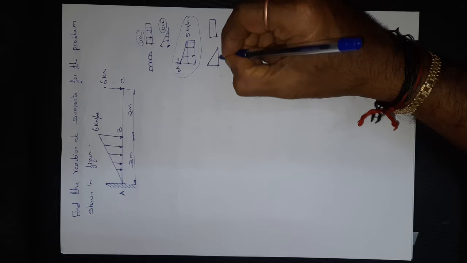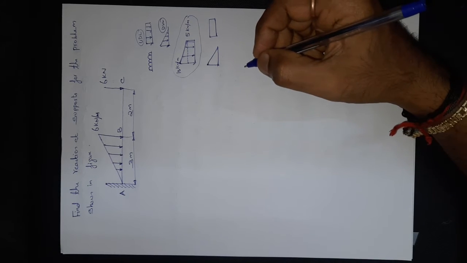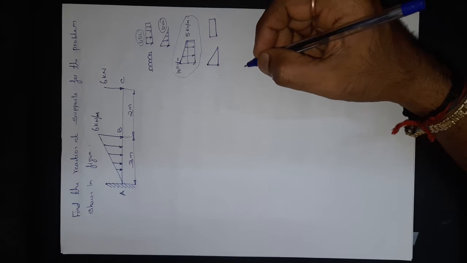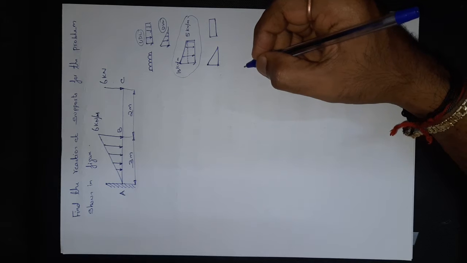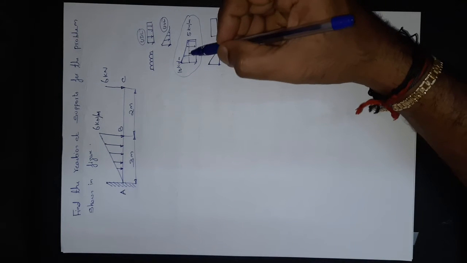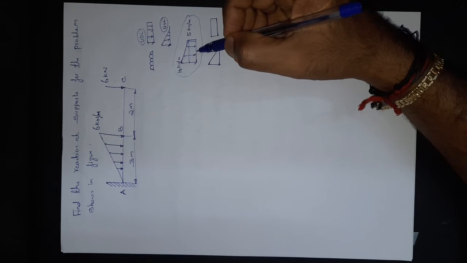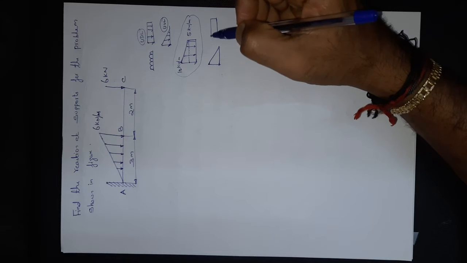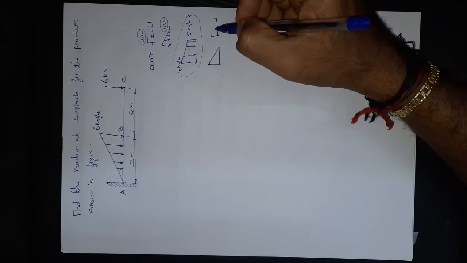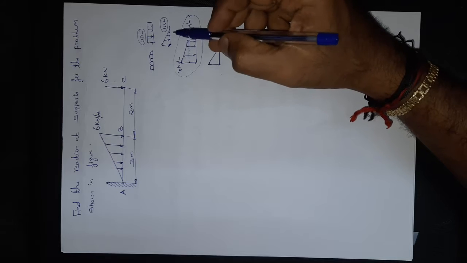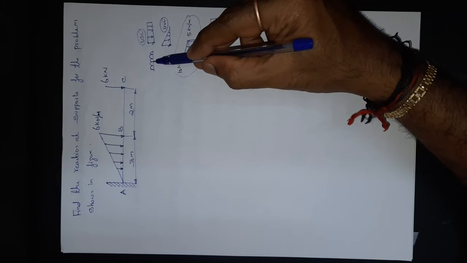This can be converted into this manner. You'll have to be very careful when such a problem is asked. So you'll have to first convert that into UVL and next into UDL. UDL can also be mentioned in this pattern, right? So you have to be very careful in such cases, right?